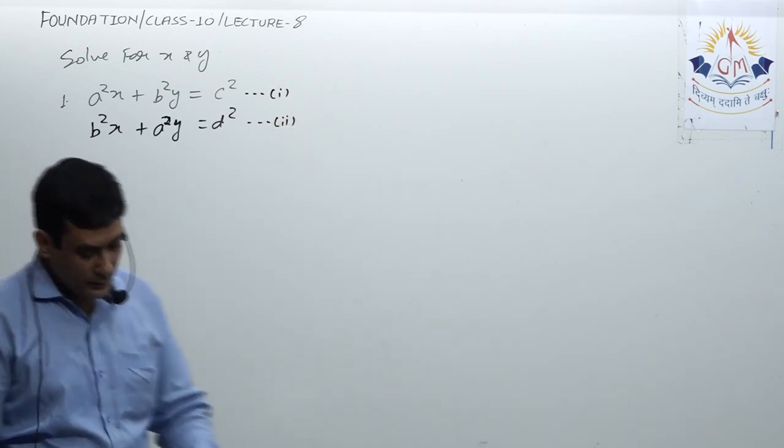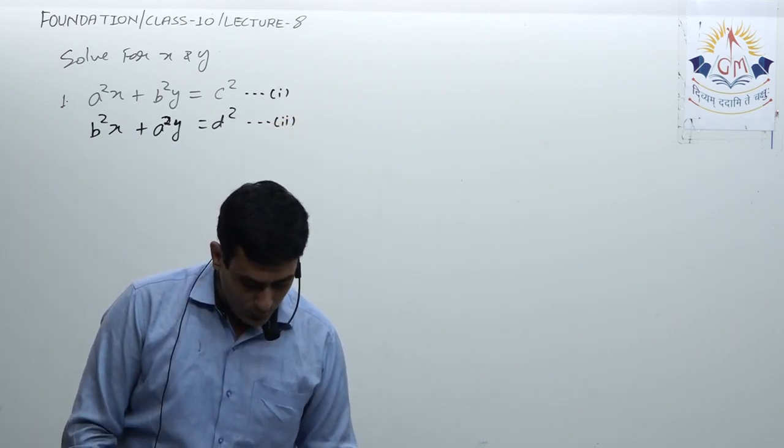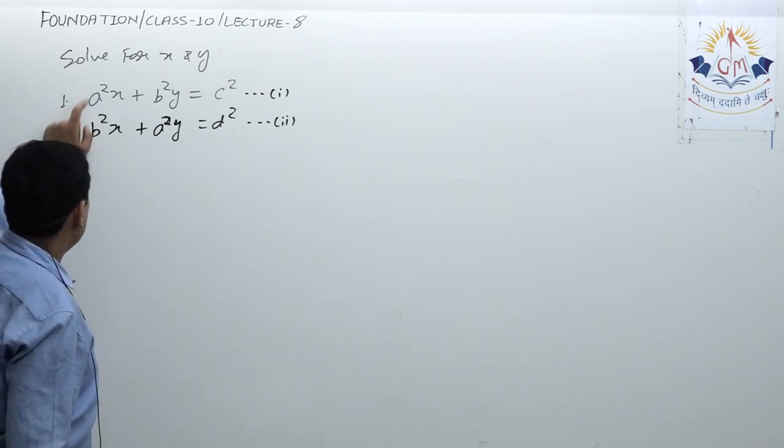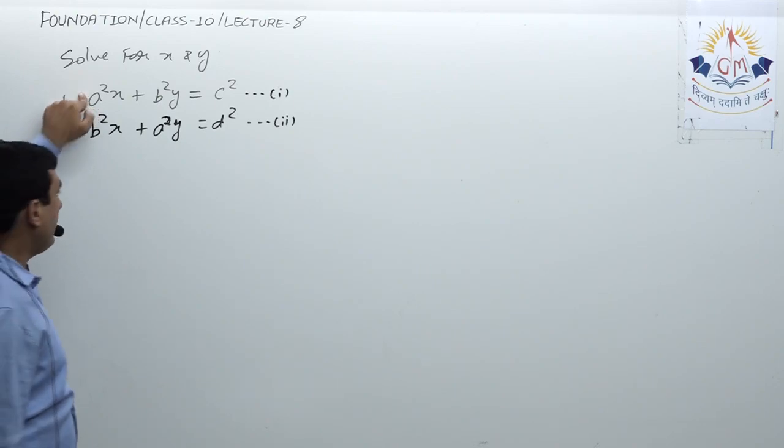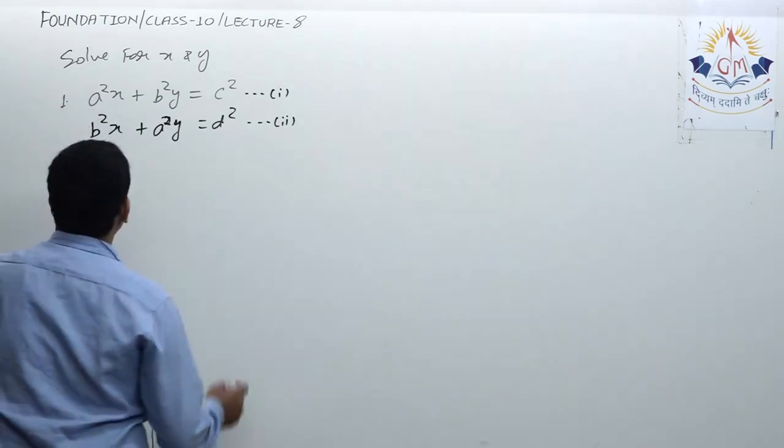Now if I use the elimination method, I have to make the coefficients equal. For that I will multiply equation 1 by b square and equation 2 by a square.